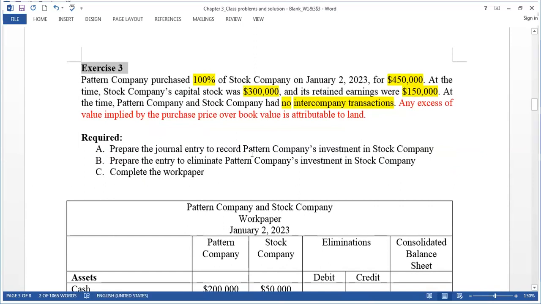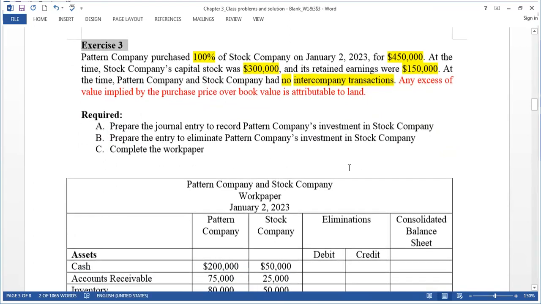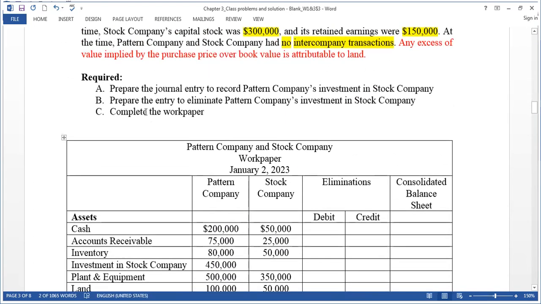Now prepare the journal entry to record the parent company's investment in the subsidiary account. Prepare the journal entry to eliminate and complete the worksheet. We already learned how to record the investment in the subsidiary account. We already learned how to close or eliminate the investment account and book value.